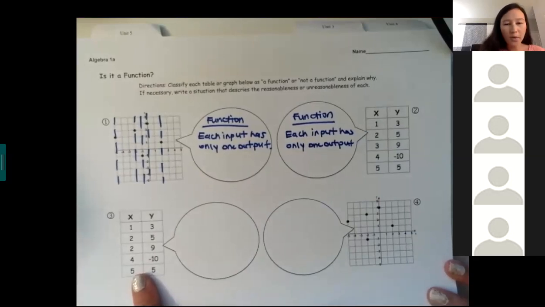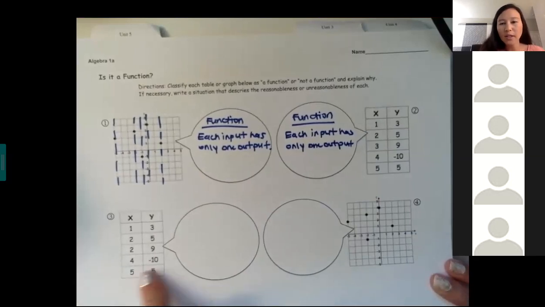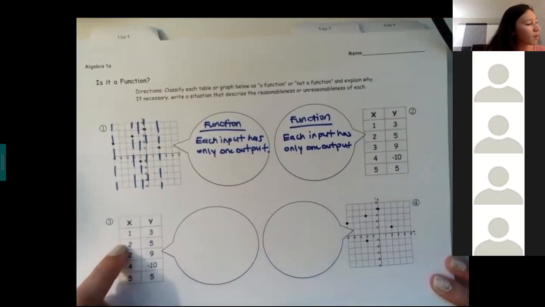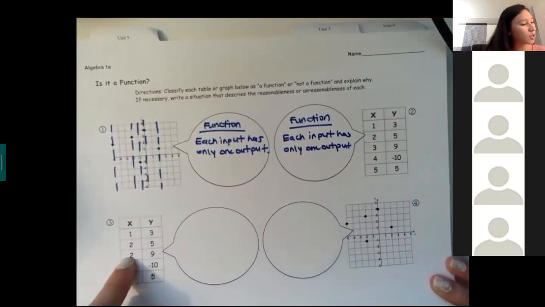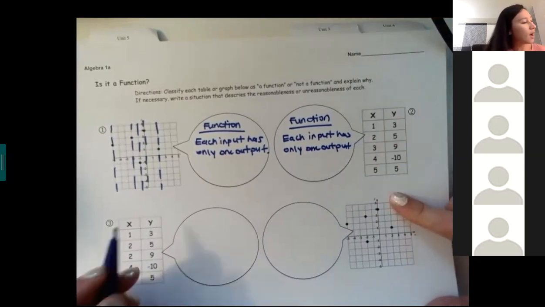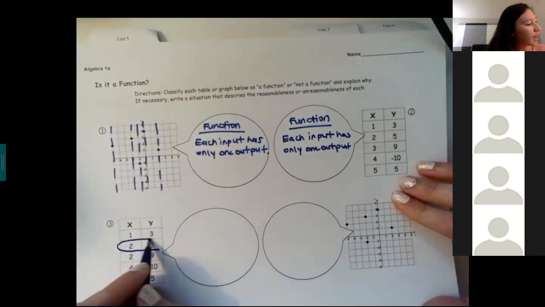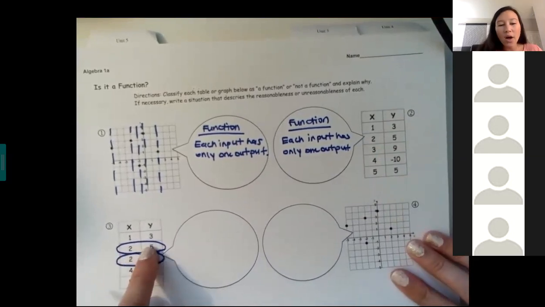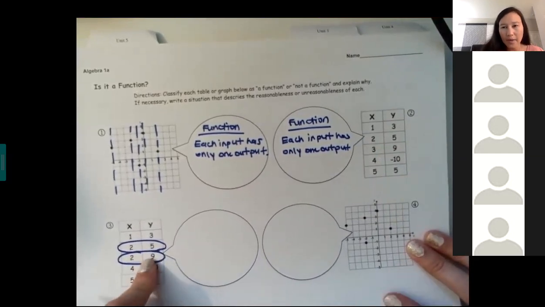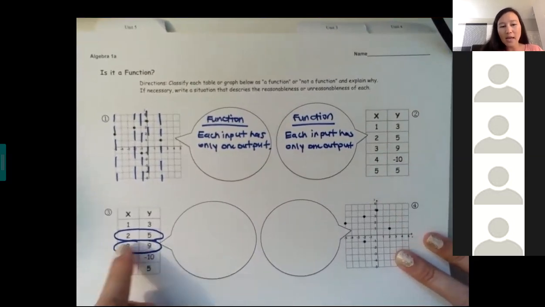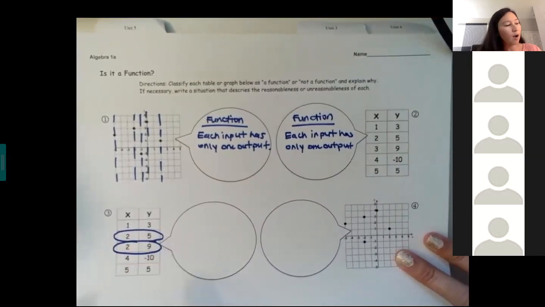Let's compare that one with number 3. It looks pretty similar, but if you look closely, we have a repeating x. The 2, there's another 2, where here there was a 3. So now these are the ones we have to look at, the repeating x's. It's fine, x can repeat as long as the y's are the same. But since the y's are different, that means the input 2 has 2 different outputs.